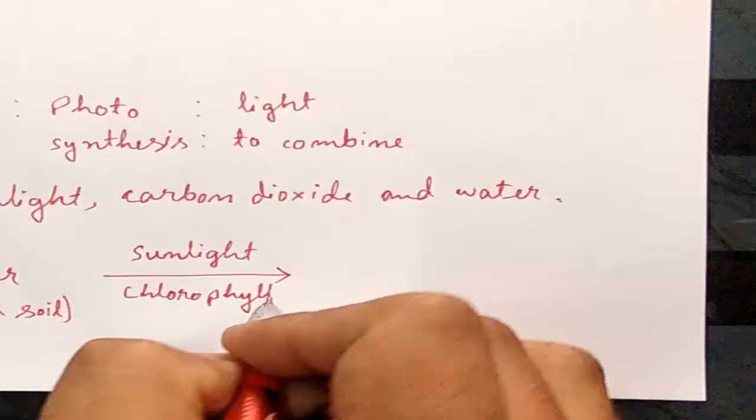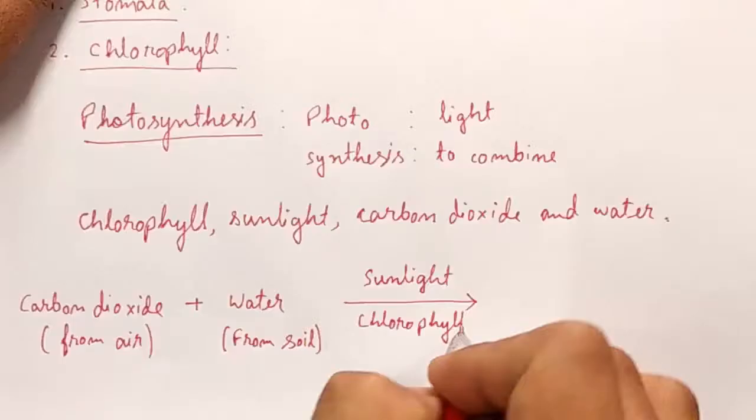So the process of photosynthesis can be represented by a word equation as carbon dioxide, which it will take from air, plus water. Water will be taken from soil, in the presence of sunlight.